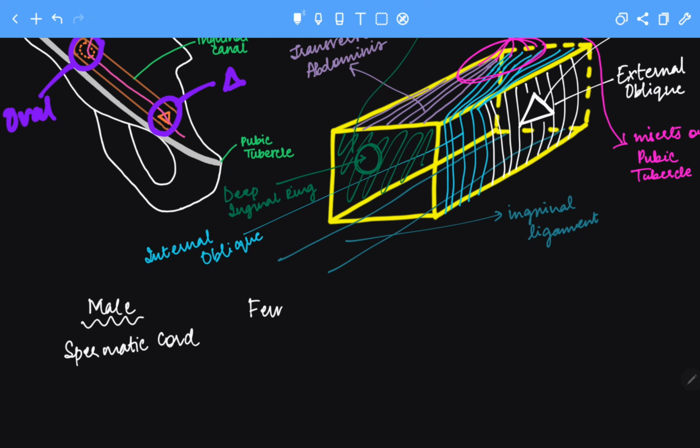And if it is a female, the inguinal canal will have the round ligament of uterus. These are the contents based on segregation of female or male. But both male and female will have one common constituent of the inguinal canal, which is the ilioinguinal nerve.